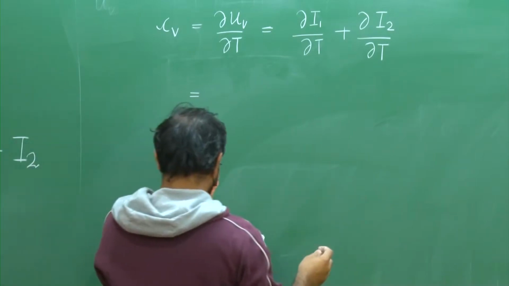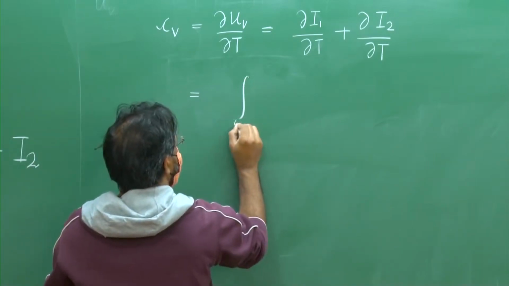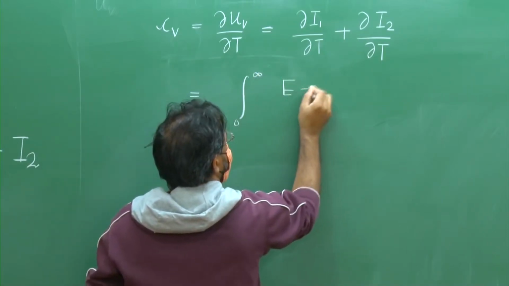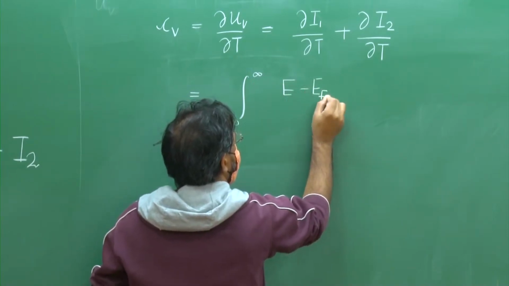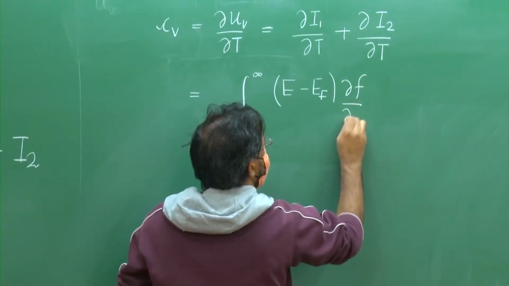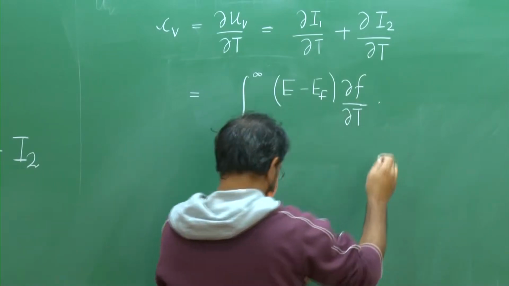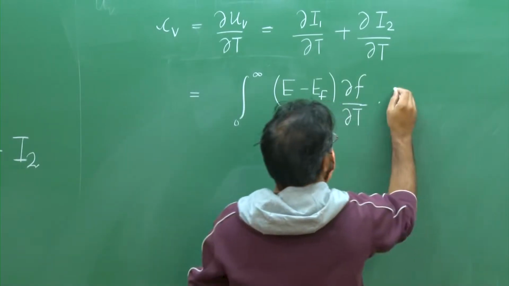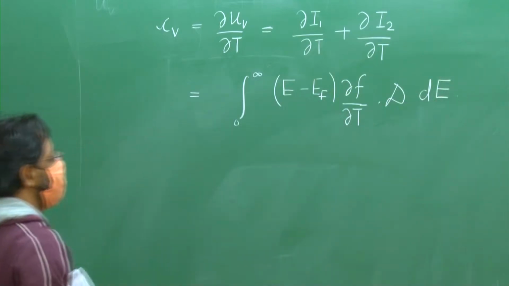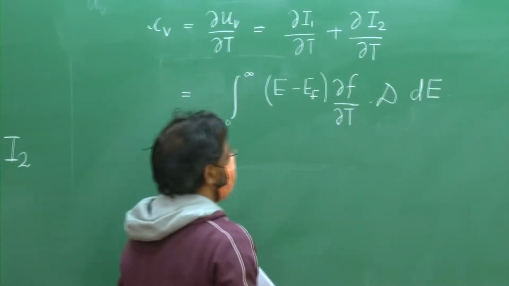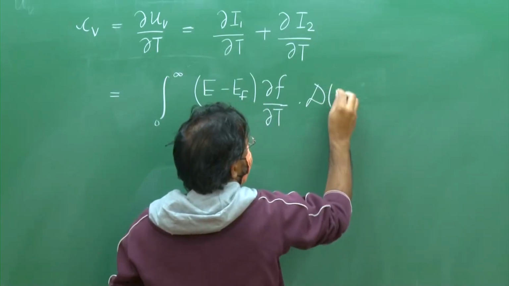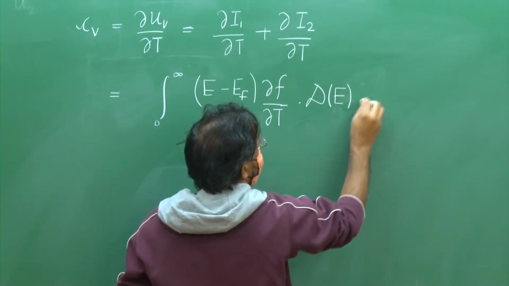So you will get the integral from 0 to infinity of E minus EF, del F del T, and then d of E. That is what you got. Now, at this point in time, since I am left with very few terms, I can take the liberty to write this as d of E explicitly.